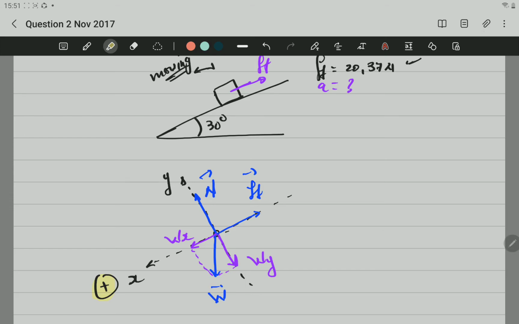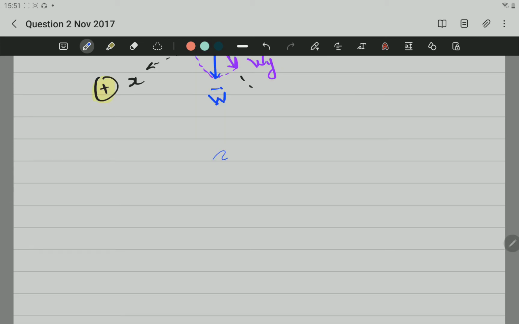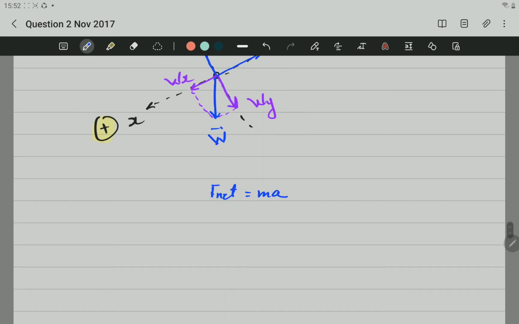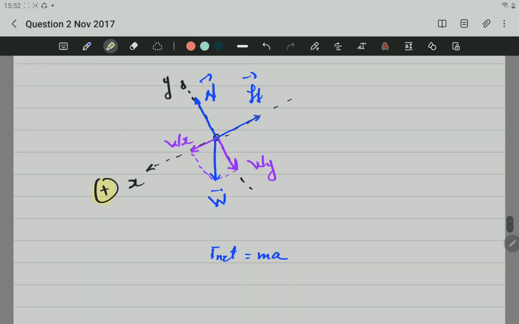So Newton's second law: the net force is equal to ma. What forces are acting here? Remember, we're still working in the x-axis. So we have the weight in the x-axis minus the frictional force is equal to ma. Why is weight in this case positive? Because the object is moving down and we are taking down as positive.